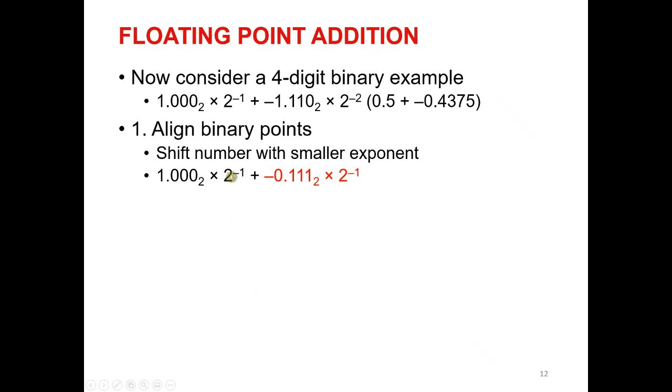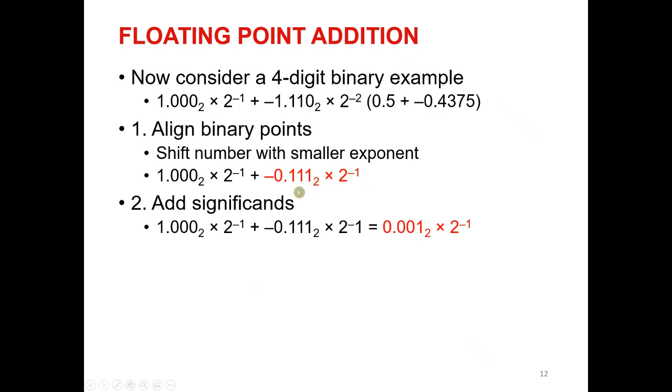Now the exponents are the same. The second step is adding the significands. In this case, 1 plus 0.11, we have this result here. Remember that we are in binary, not in decimal.